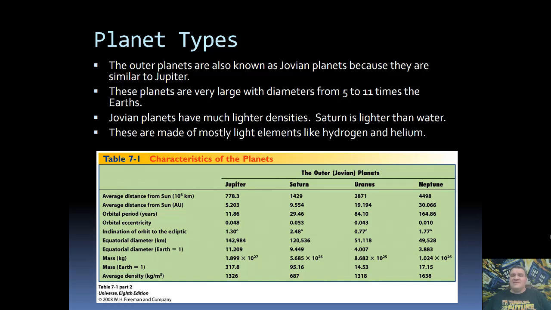So if we threw Saturn into a giant cosmic swimming pool, it would actually float, which is kind of fun. Now, because of these very, very low densities, they cannot be made of rock and metal like the terrestrial planets. So we suspect that they're primarily made of hydrogen and helium, which on the Earth are gases. So you may have also referred to these as gas giants because they're primarily made of hydrogen and helium.